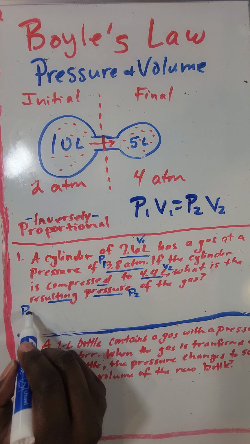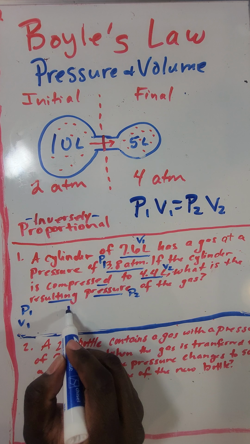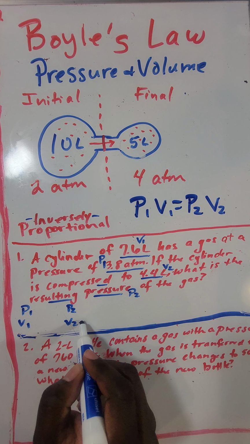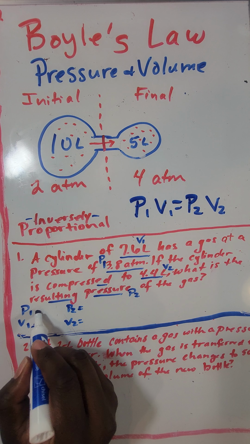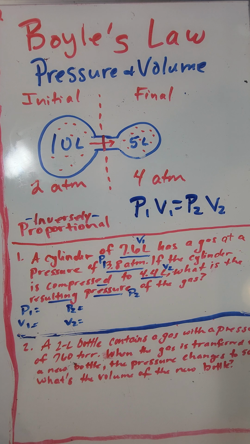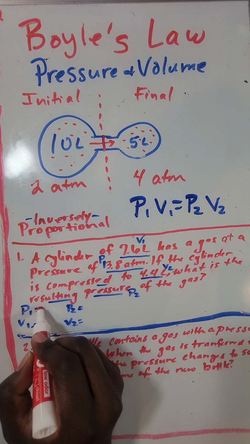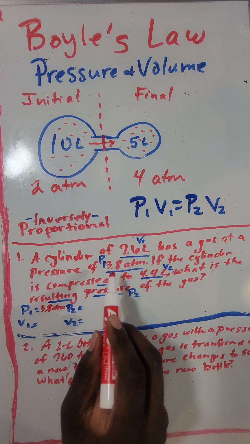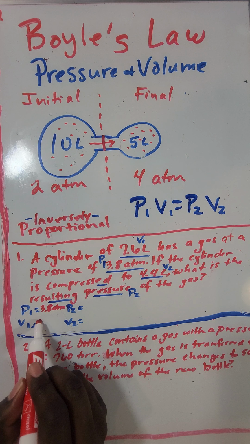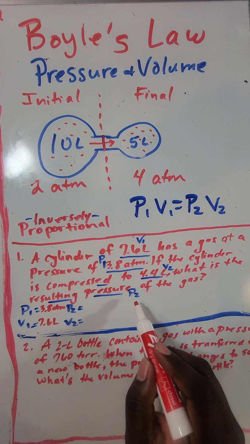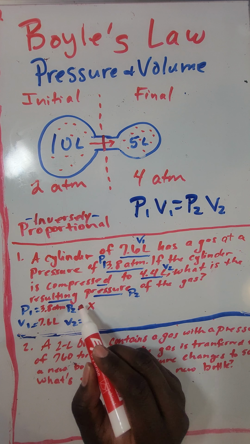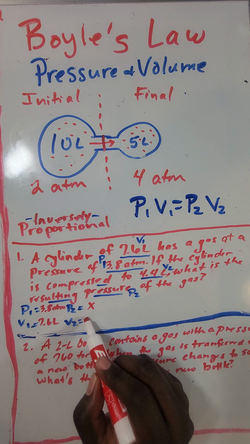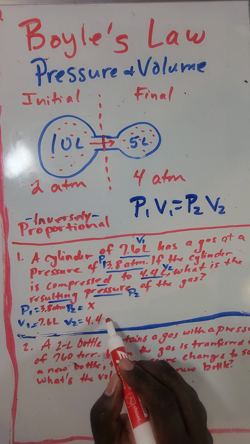So we're going to lay out our variables, P1V1, P2V2. We know that P1 was 3.8 atmosphere. We know that our V1 is 7.6 liters. We know P2 is our X, because that's what we're looking for, and V2 is 4.4 liters.